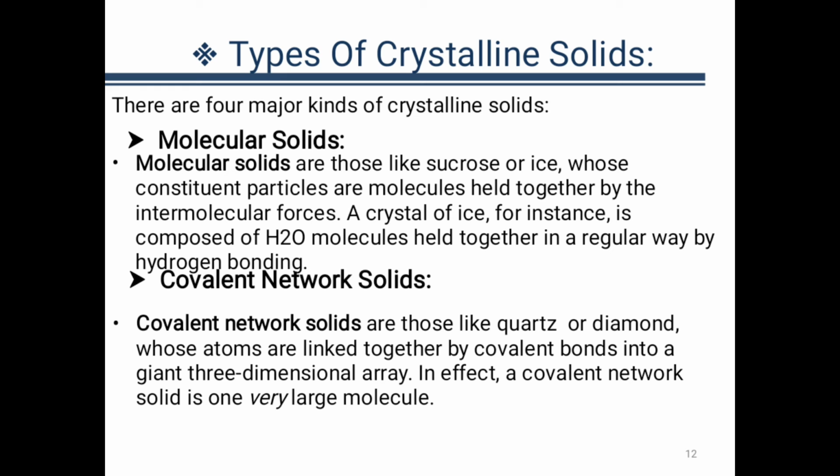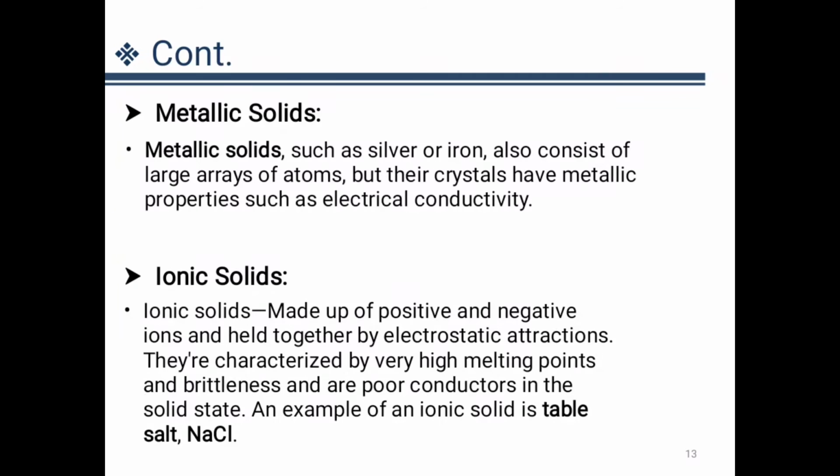The second is covalent network solids. Covalent network solids are those like quartz or diamond whose atoms are linked together by covalent bonds into a giant three-dimensional array. In effect, a covalent network solid is a very large molecule.